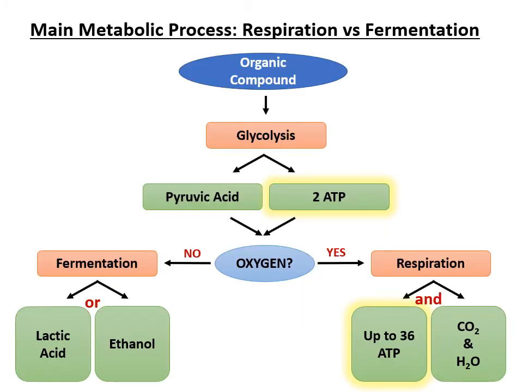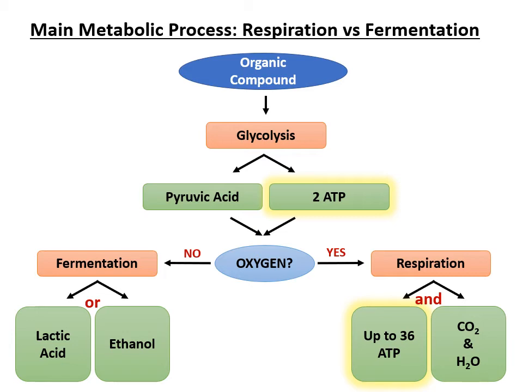Now, the last thing to go over in terms of metabolic processes are the examples of using organic material for energy, which are respiration versus fermentation. Now, if you go over respiration and fermentation in another class, such as biochemistry, you have to memorize all kinds of structures and enzymes and everything. For this course, you don't need that.